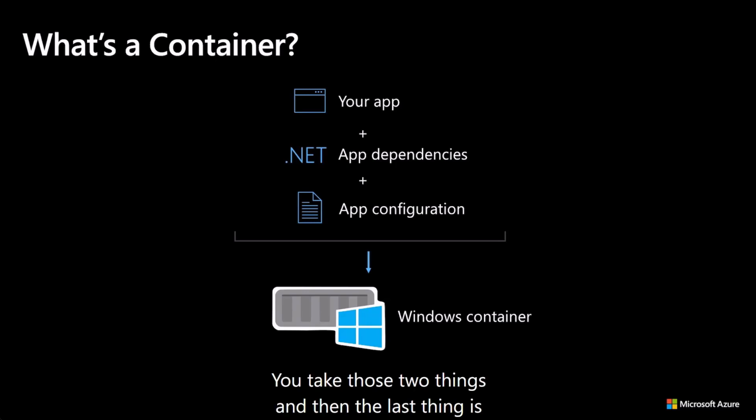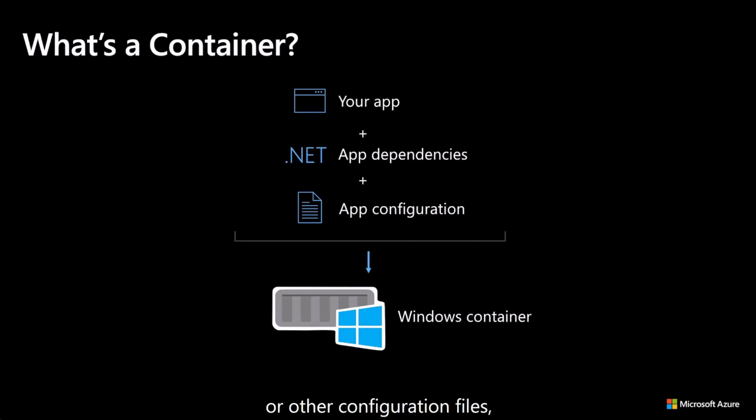So you take those two things, and then the last thing is what we call app configuration. So if you have registry keys that need to be set or other configuration files, those three things together, you can package up into this Windows container, and you effectively end up with layers of files that you can then take and create new instances of containers based on that bundle of files, let's say.